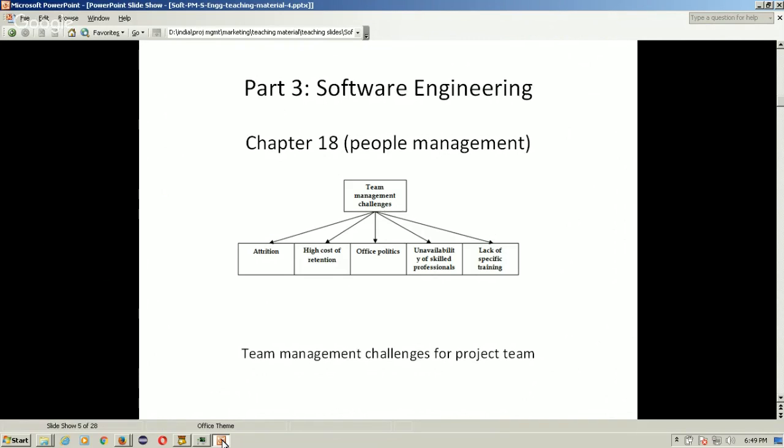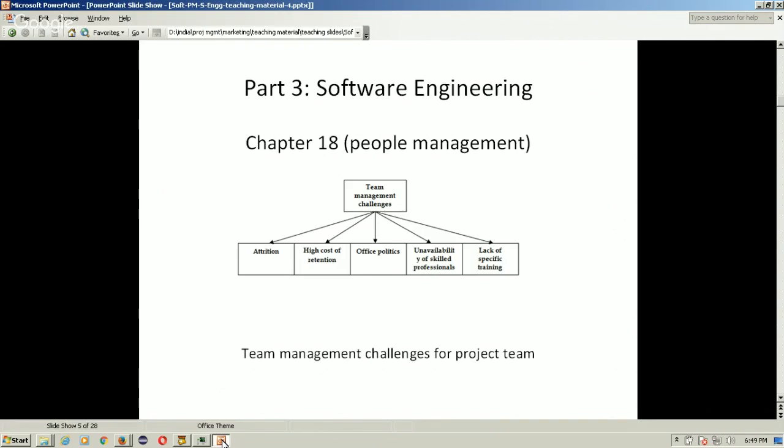Then high cost of retention. If you need to retain your good project team members, then you need to give them a raise which was not expected, so the cost will go high. So retaining is a high cost affair.